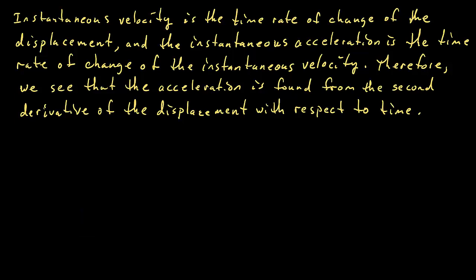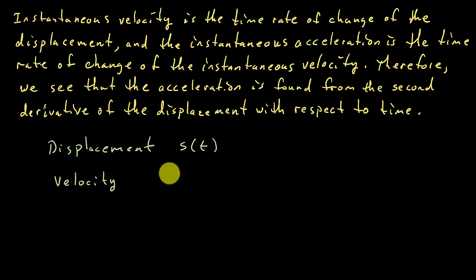All right, so all that is if you have a displacement function, and we typically represent that with the letter s, so that's s of t. Then the velocity, which we'll call v of t, is equal to the derivative of the displacement function.